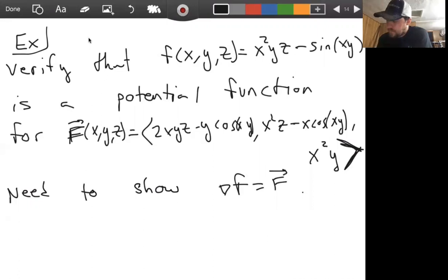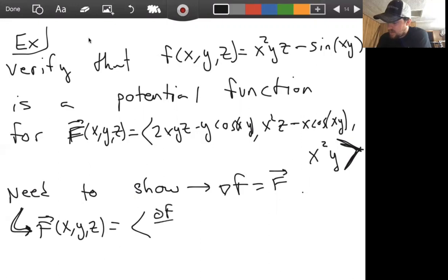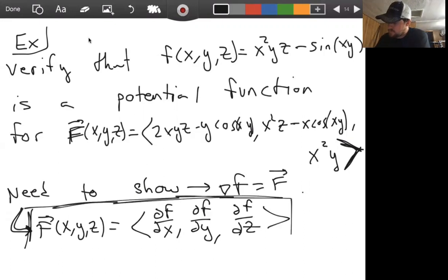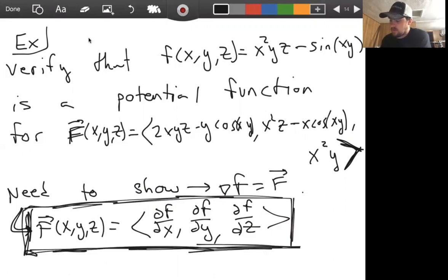And moreover, what we need to show is that this, which more explicitly stated is partial of f with respect to x, partial of f with respect to y, and partial of f with respect to z, right? This is what it means for F to be the gradient of some function, right?